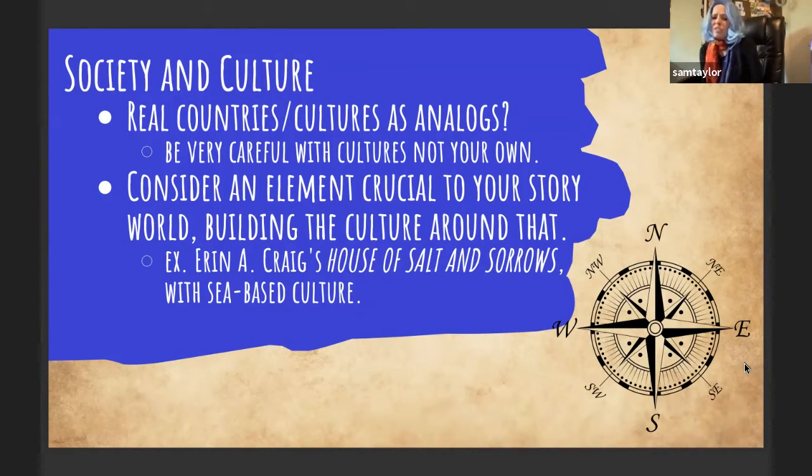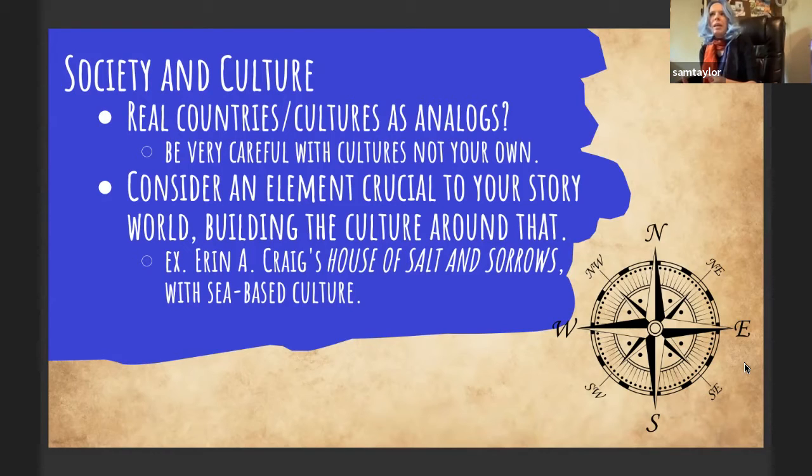An alternative to that approach would be to consider an element that's crucial to your story world and build the culture and the society around that. Is it a society that lives in the mountains? Is it a society that lives in a forest or in the desert or by the sea? Is it a society that's surrounded by snow nine, ten months out of the year? What would that do to the society?